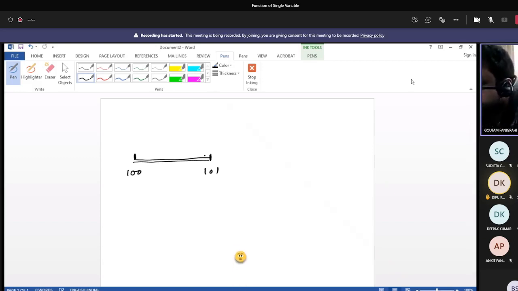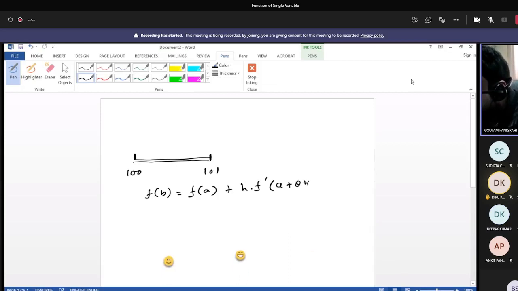At the time of obtaining the highest value, you have to assume one thing. In this numerical approximation, you have used the formula f(A+h) = f(A) + h f'(A + theta h).